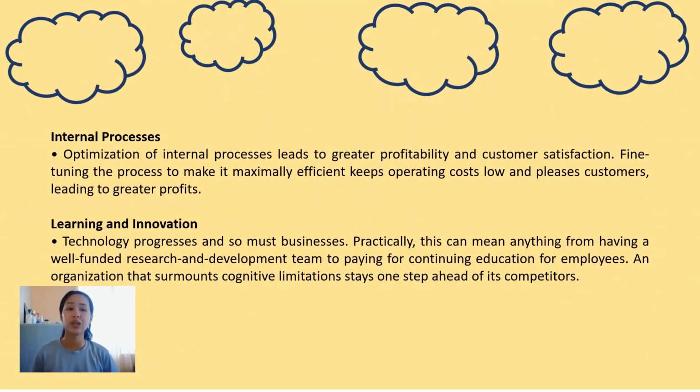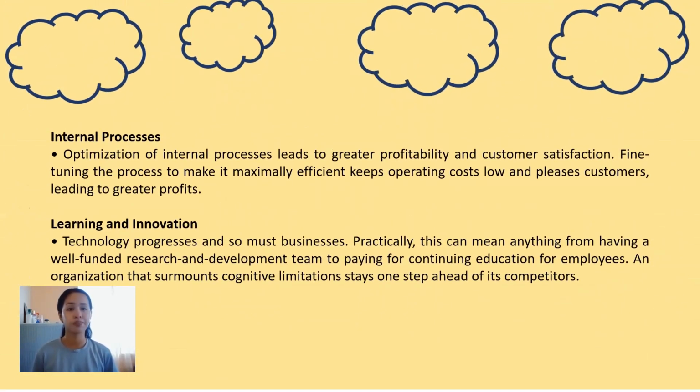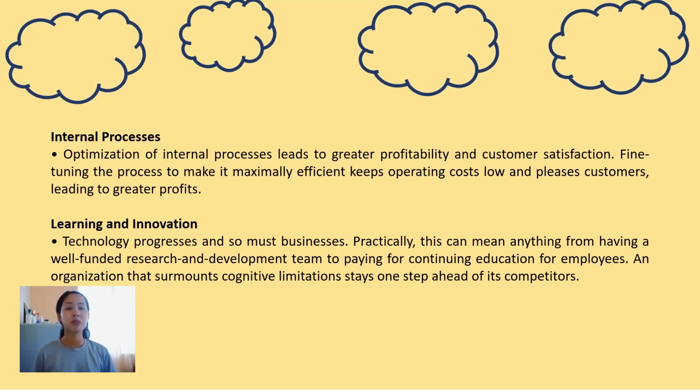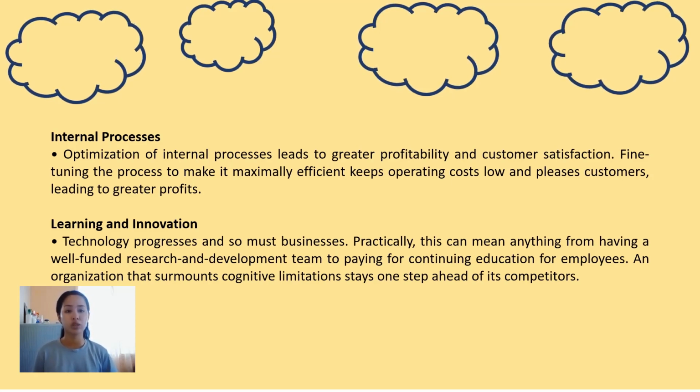The third one is the internal process. Optimization of internal processes leads to greater profitability and customer satisfaction. For example, a manager might focus on developing efficient communications with an organization to ensure orders travel quickly from the customer service department to the production line.